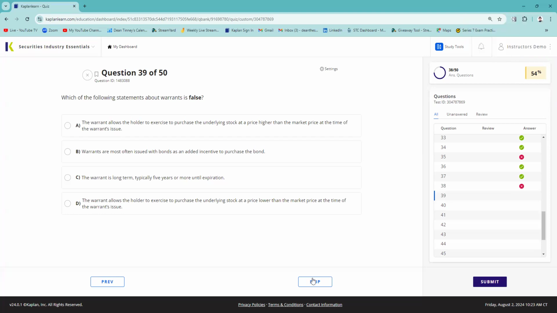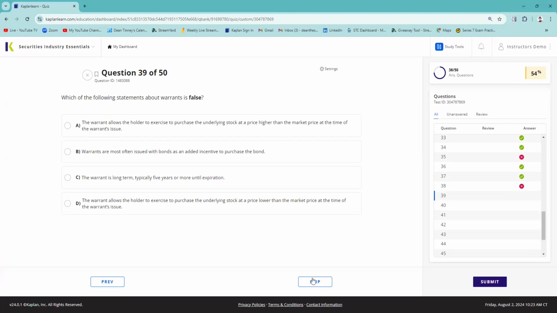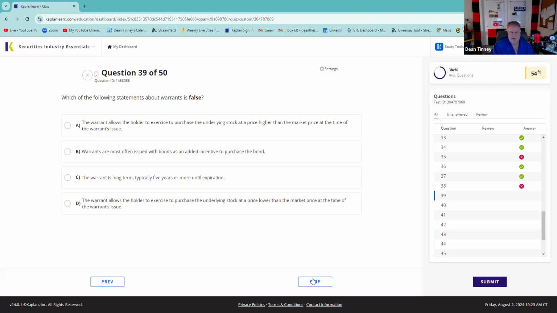The warrant allows holders to... It's B or C. But remember, if you take C, just a test-taking trick, you can't leave A and D in the same universe at the same time because they say opposite things.